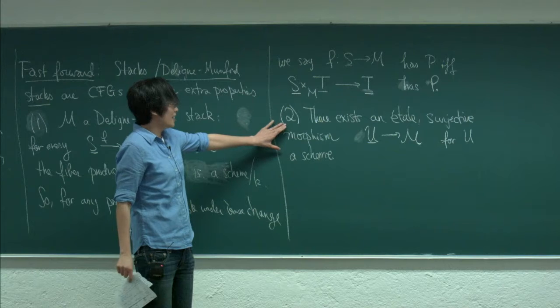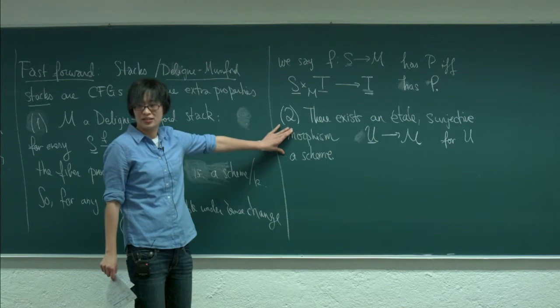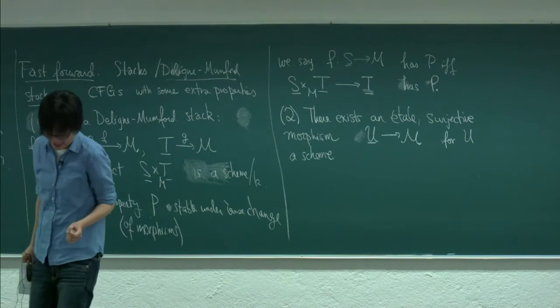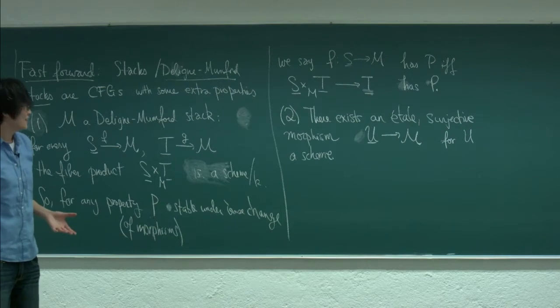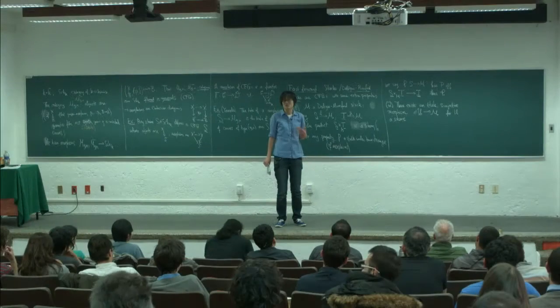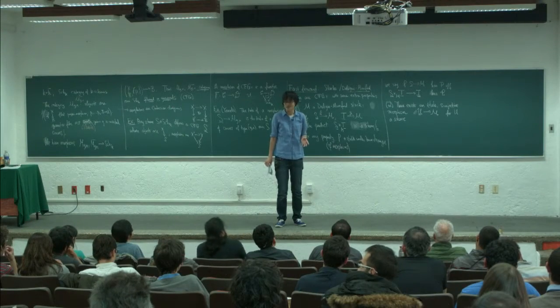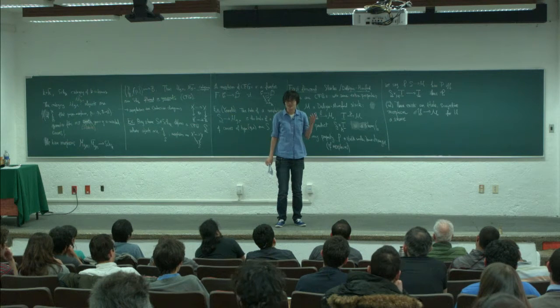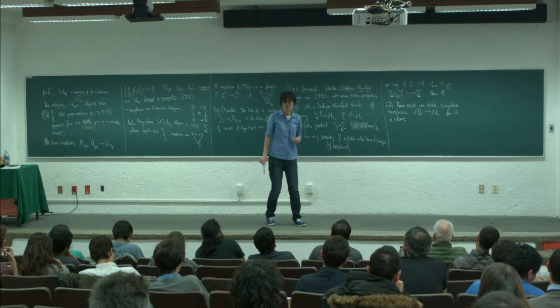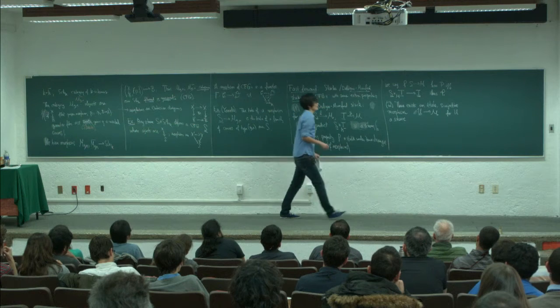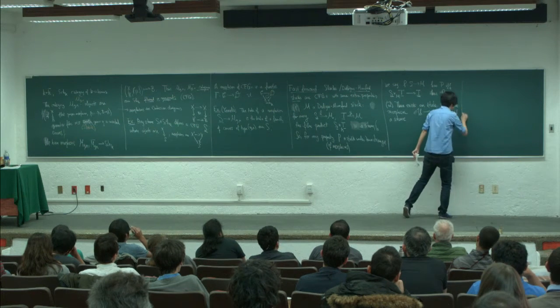This is the key property for us. Very roughly, it says that M is somewhat geometric: locally, everywhere at M, it has a quote-unquote scheme finite covering space.